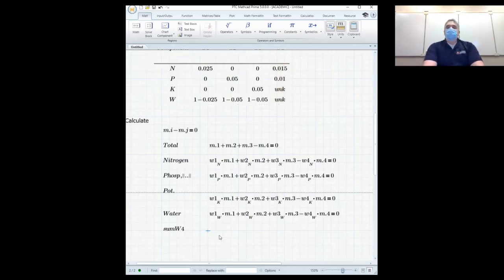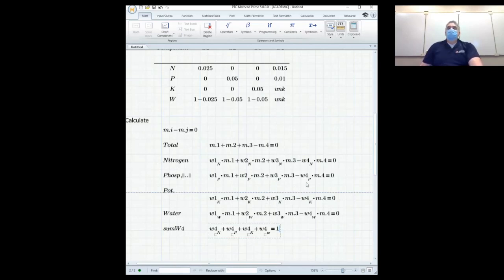So I can come down here and say W4 nitrogen plus W4 phosphorus plus W4 of the potassium plus W4 of the water is equal to, not 1, you add those all up and it's equal to 1. So now you've got 5 unknowns, 5 equations.